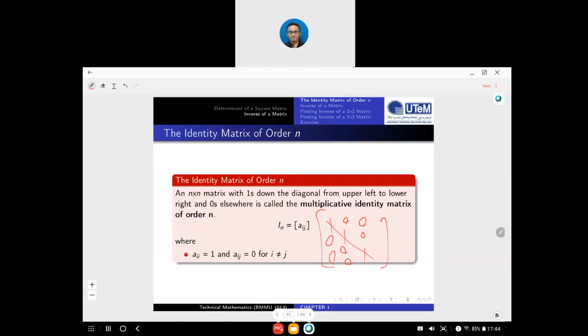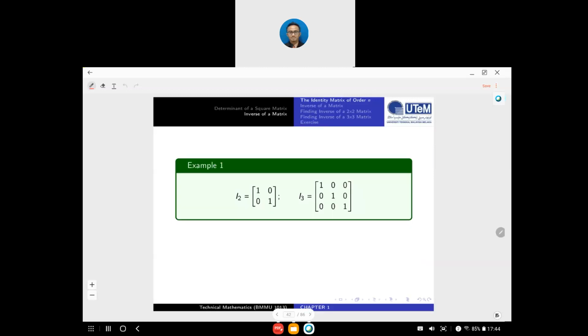For example, the identity matrix of order 2 is 1, 0, 0, 1. For the identity matrix of order 3: 1, 0, 0, 0, 1, 0, 0, 0, 1. The diagonal should be equal to 1.